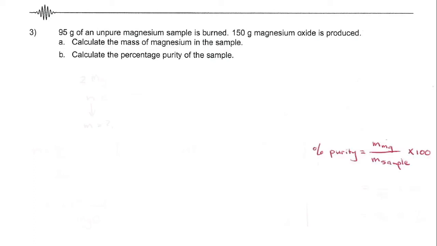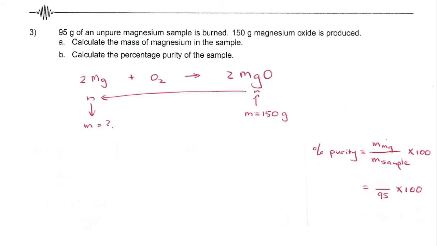They just give you that 95, and that is the sample. So that will be going in at the bottom. We need to do a reaction to determine how much was really magnesium. And this time they're going to burn this and make magnesium oxide. So we are going to work back from that magnesium oxide that is produced to work out how much magnesium was in that sample.